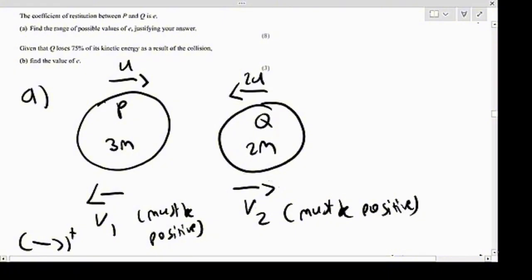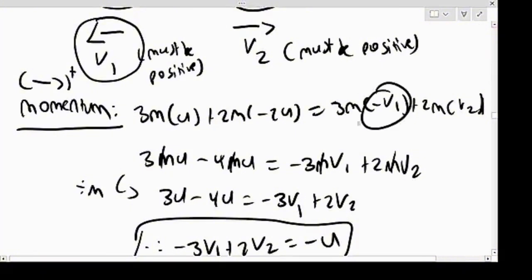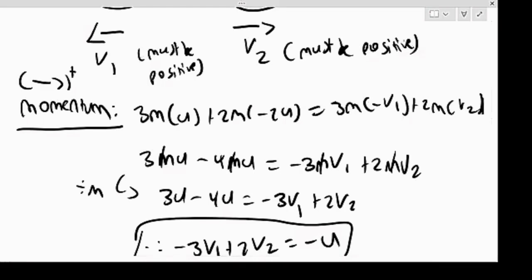Also, there might be some confusion with this. Obviously we're saying V1 is going in the negative direction, but I'm saying that V1, the answer itself, must be positive. I want to stress the difference here. The direction it's going in is negative, which means when we looked at our equations, we negated it. But because we negated it in the equations, the actual answer for V1 must be positive, which tells me it will indeed be moving left.